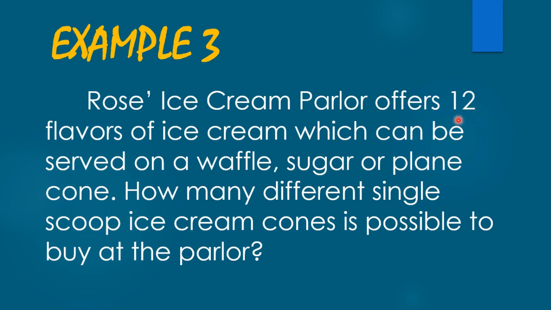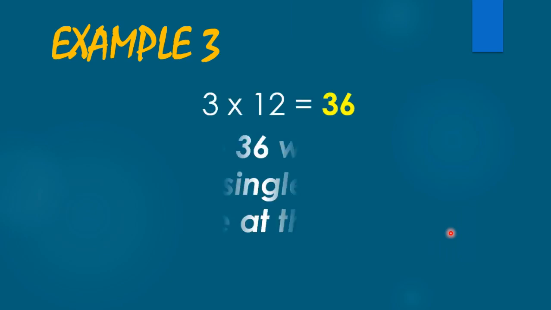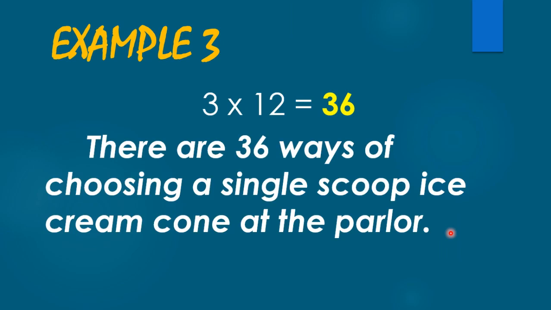So we can have 12 times 3 because we have waffle, sugar, and the plain cone. That would be equal to 36. So there are 36 ways of choosing a single scoop ice cream cone at the parlor.